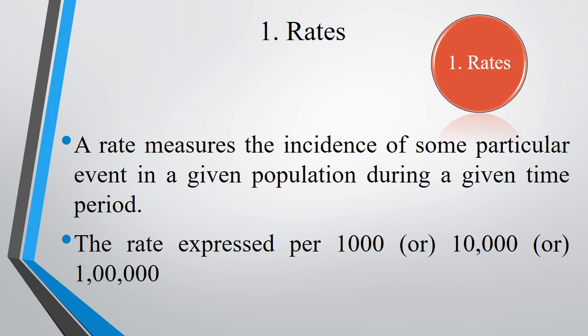Then coming to the next point, the rate is expressed per 1000, or 10,000, or 1 lakh. Already in death rate we have seen the multiplier is 1000. So here we can have 1000, 10,000 or 1 lakh.